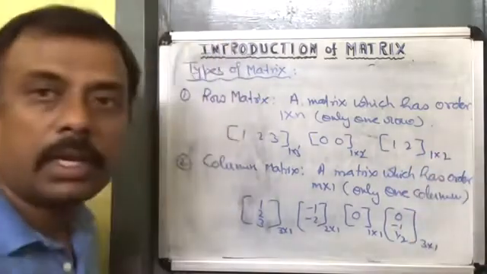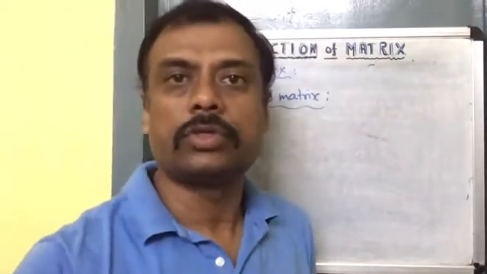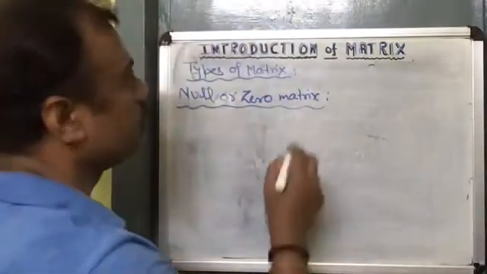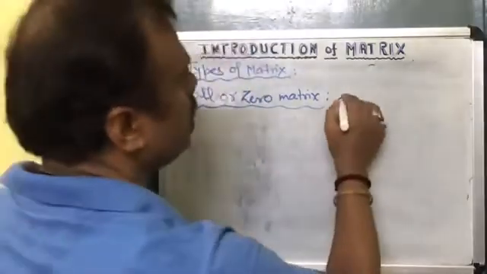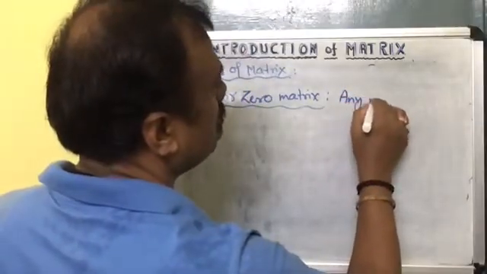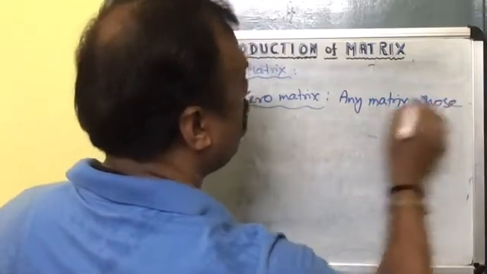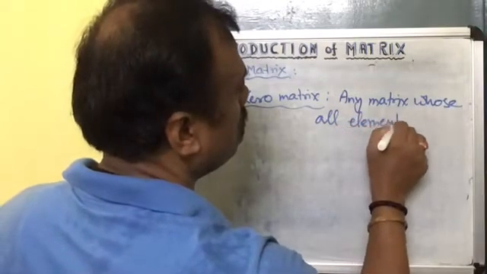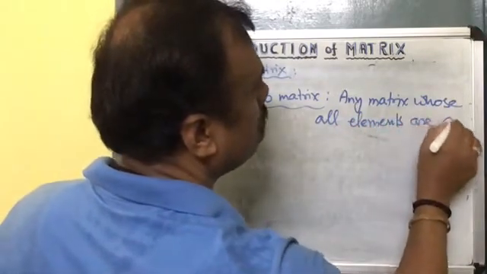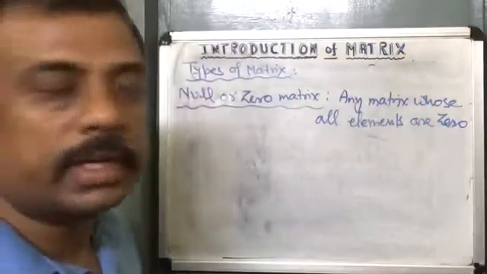1/2, like that. Okay, let us have some other type of matrix, that is the null or zero matrix. It is also very simple but of very much use. Any matrix whose all elements are zero is called a null matrix.